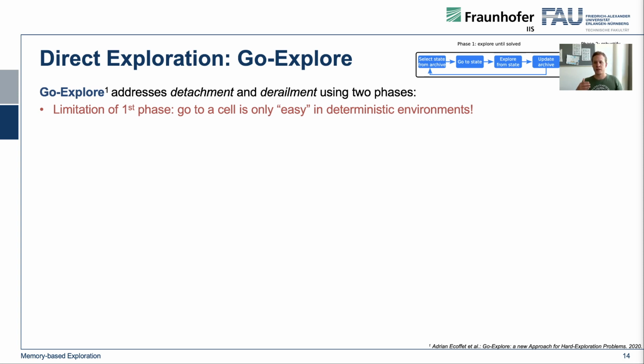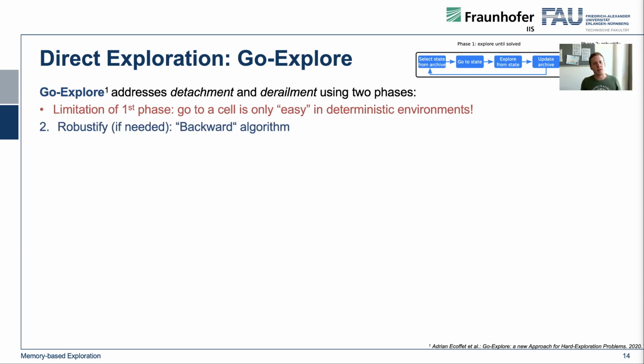However, as we also want to use RL in real world settings, and real world settings are hardly deterministic in general, that's a clear limitation. This is why we need the second phase. We want to make the trajectory to the good outcome cells that we found through the random exploration more robust to noise and non-determinism. That's the idea of the second phase.